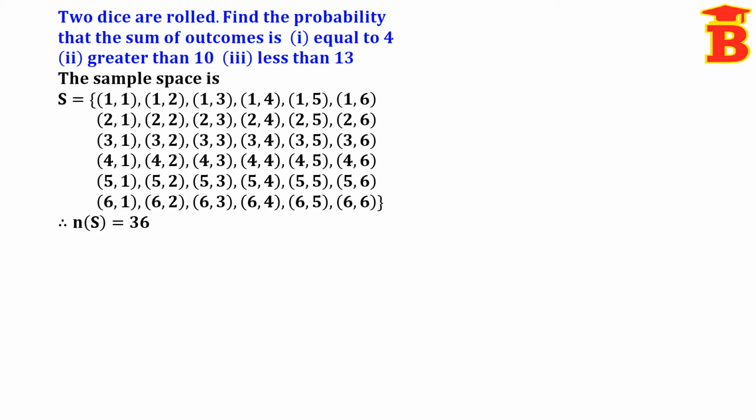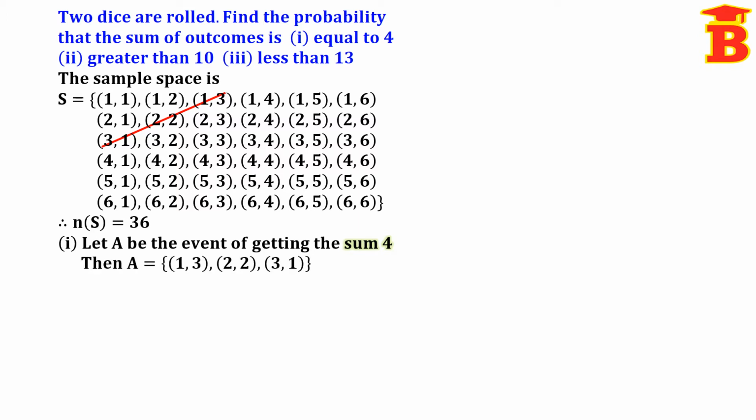The first question is equal to 4. So we write, let A be the event of getting the sum 4. We have to find the probability that the sum of the outcomes is equal to 4. So let us take that event as capital A. Now see this sample space and write the elements in which the total should be 4. This line gives the sum 4.